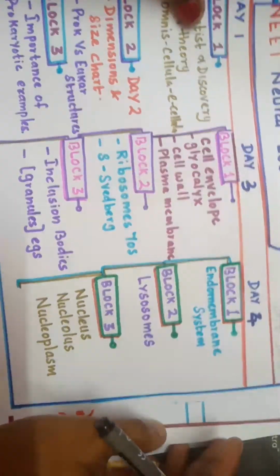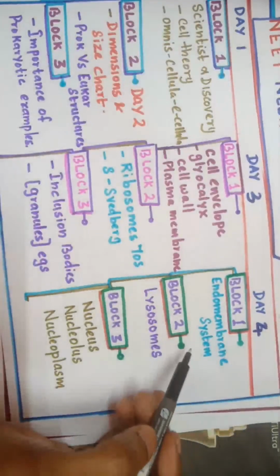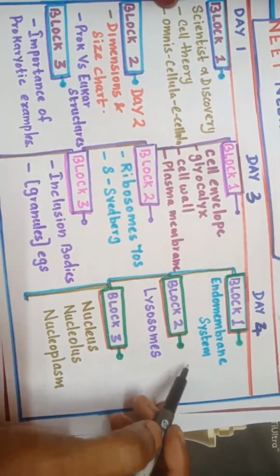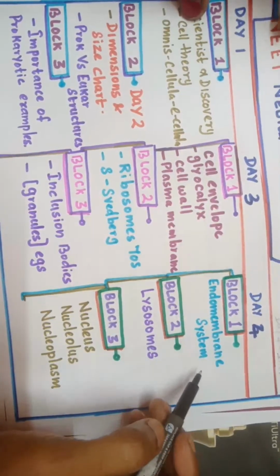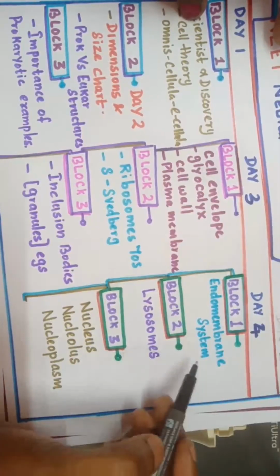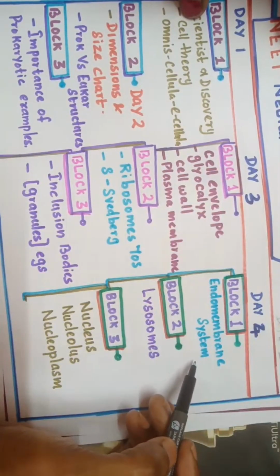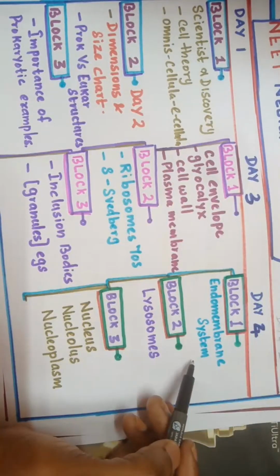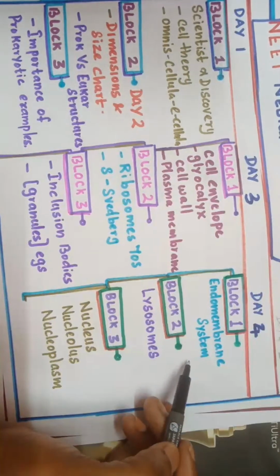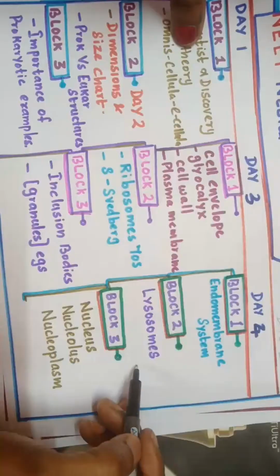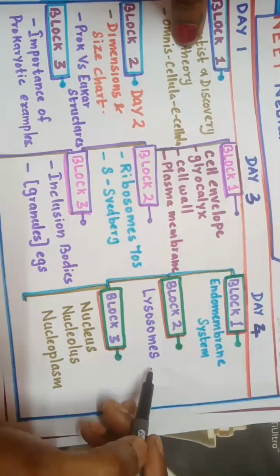So before going into the class, let me check the knowledge about all this. Okay, so first question, what are the organelles of endomembrane system? You can write the number of organelles, or if you know the answer, that is the name of the organelles, quickly type it in the comment section. Second, lysosomes are formed from dash.